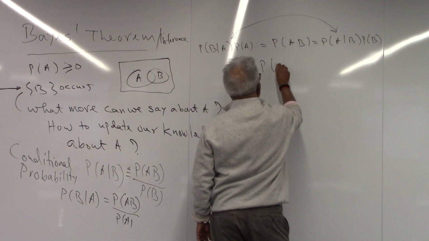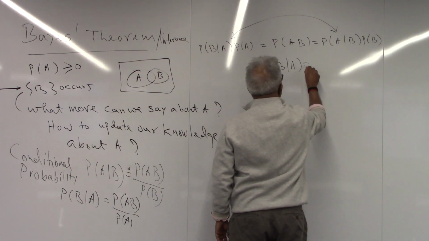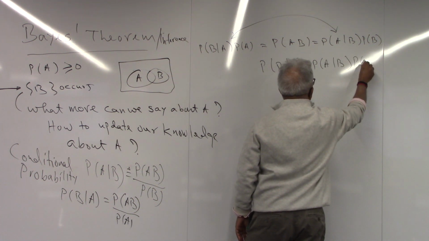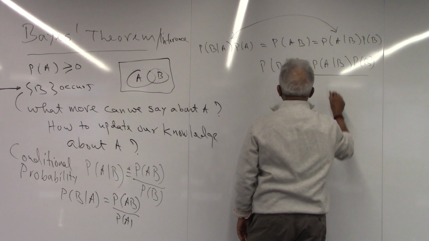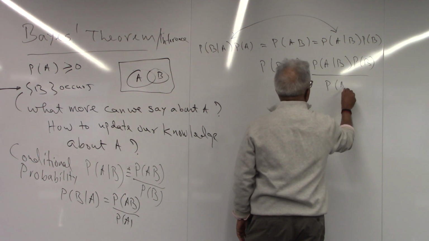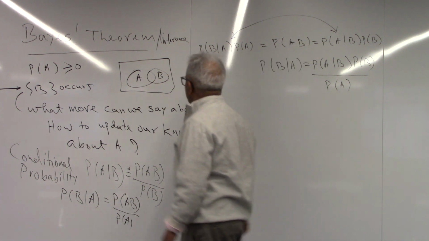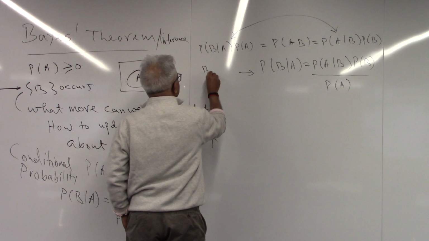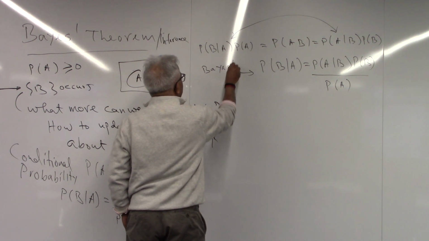So we get the probability of B given A is the probability of A given B multiplied by P(B) over P(A). Now, this is actually Bayes' theorem. So the derivation is simple.